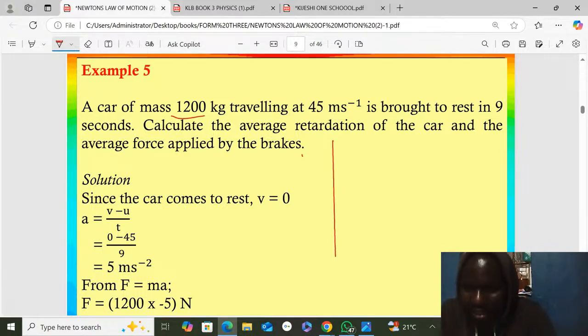Calculate the average retardation of the car and the average force applied on the brakes.